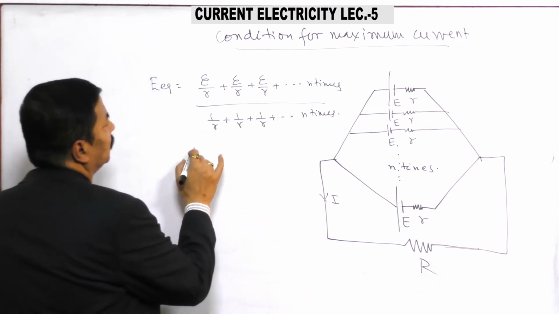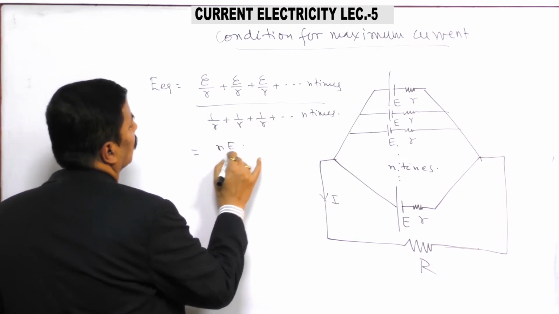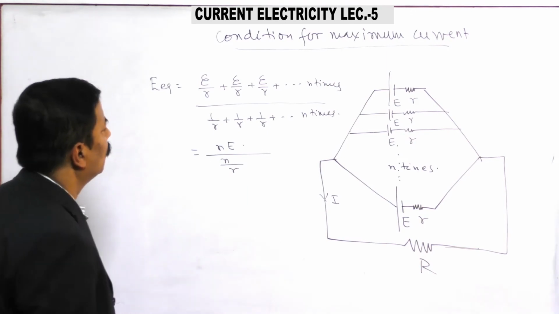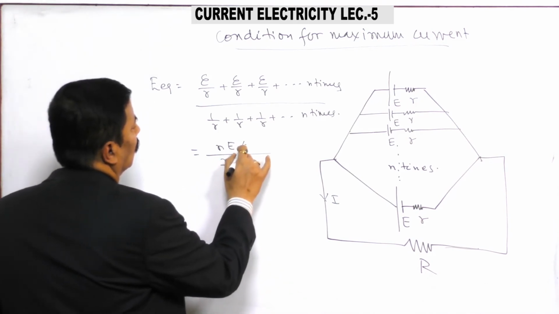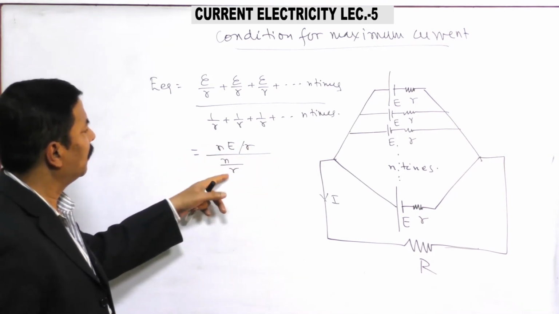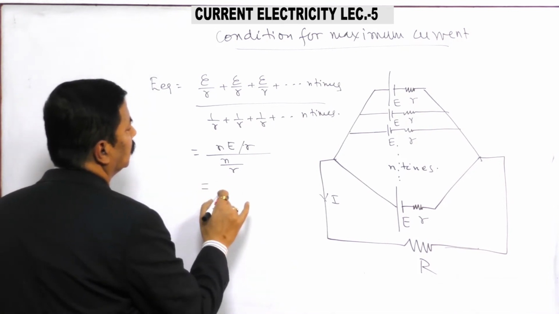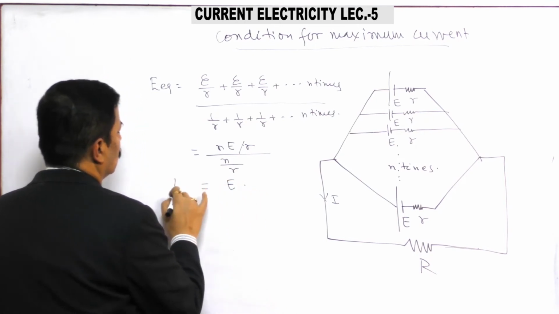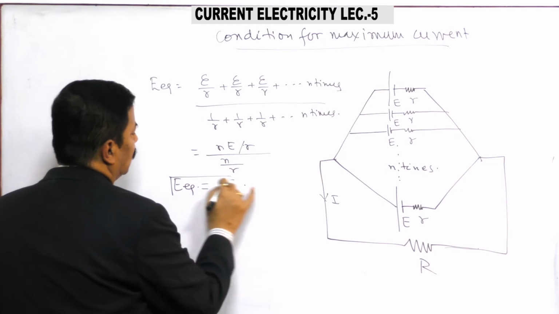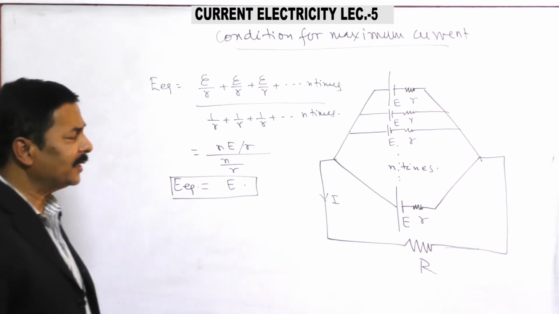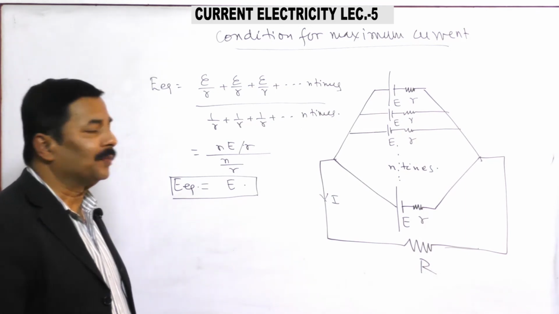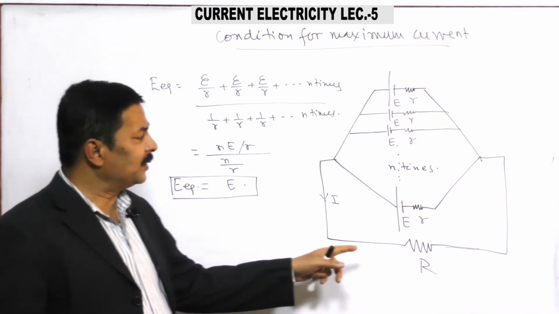So it is NE by R by N by R, so it is giving you E. That means in this parallel connection, if n identical cells are connected, then the potential difference does not increase.